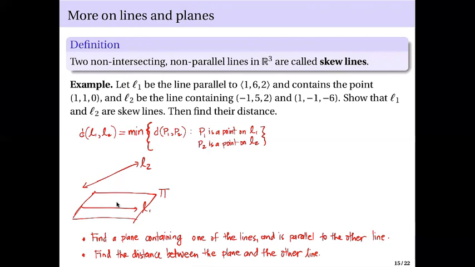In order to do that, we need a normal vector. Correct? We need a normal vector to the plane, and we need a point on line L1. This normal vector to the plane can be calculated using the vector where L1 is parallel to and the vector where L2 is parallel to.